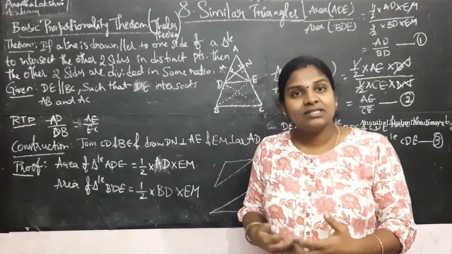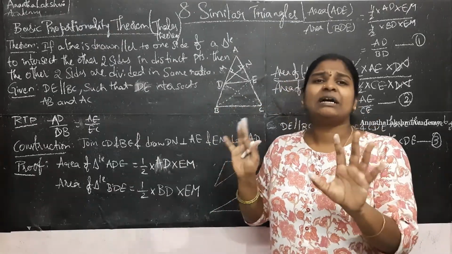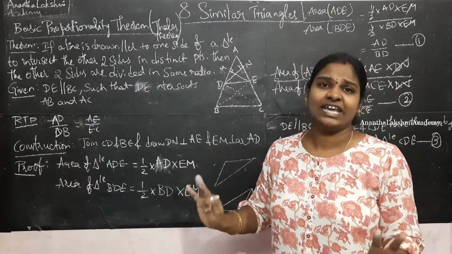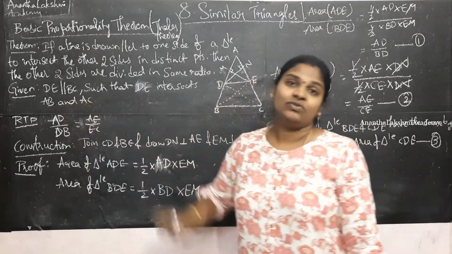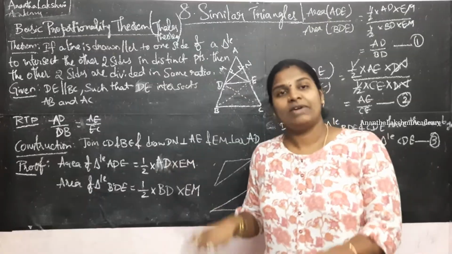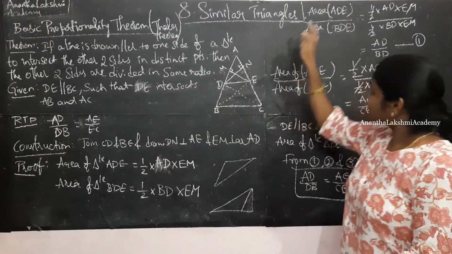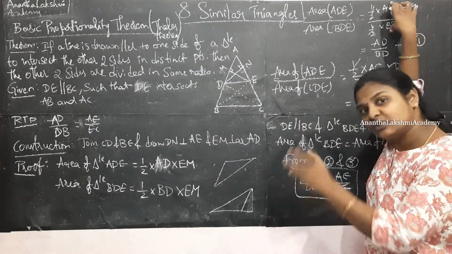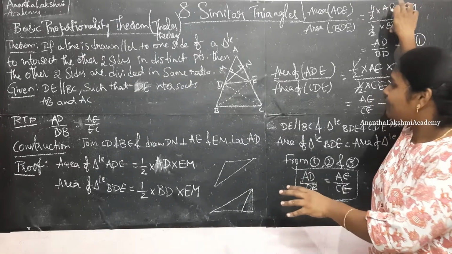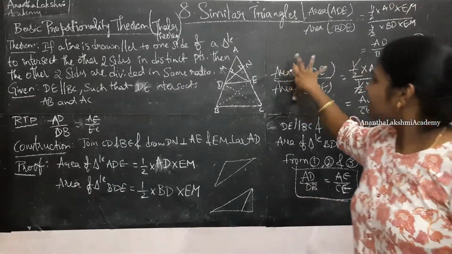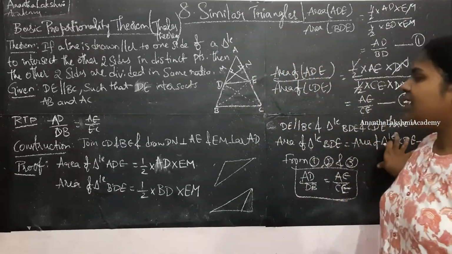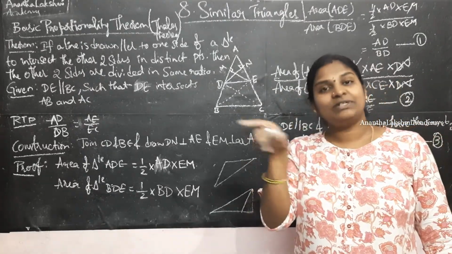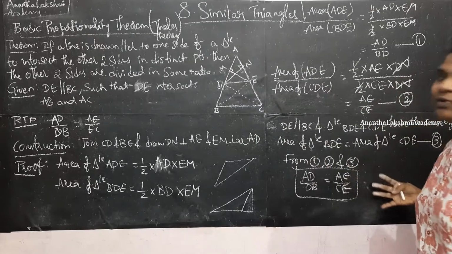The first question that comes to mind when you are not interested in the theorem is, why are we solving for areas when we are supposed to prove the ratios are equal? We have solved for the areas because we want to get the ratios from the areas. We will get the ratios only from the areas. From there we got to know the other triangles' ratios as well, and we used a small logic wherein the areas of triangles in between the parallel lines are equal, and hence proved the theorem.